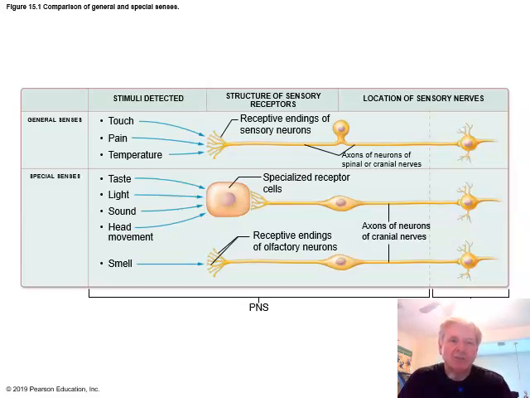Also, special sensory organs are generally confined to the head. So all that information will travel on the axons of the different cranial nerves, while your general sensory information travels on the axons of both cranial and spinal nerves. So those are some of the basic differences.